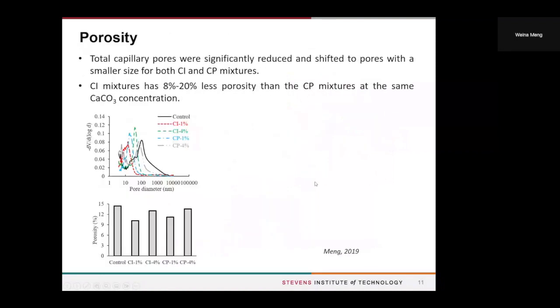We also measured the porosity. In general, the capillary pores between 10 and 1,000 nanometers were significantly reduced by use of the calcium carbonate suspension for both the CI and CP. And it shifted to pores with finer size for both mixtures.